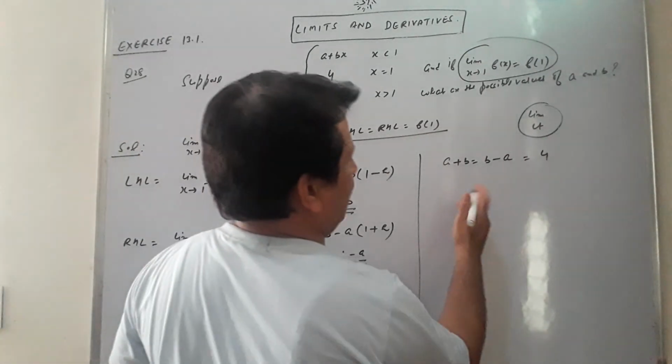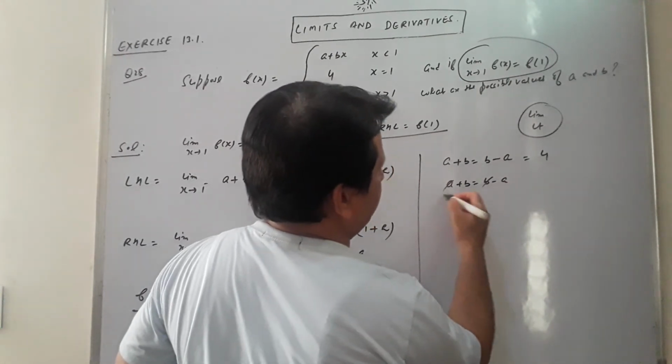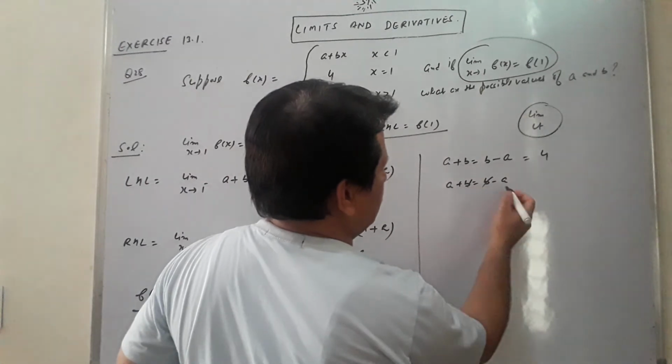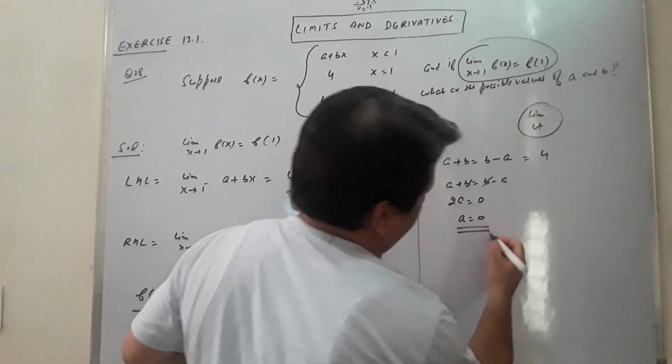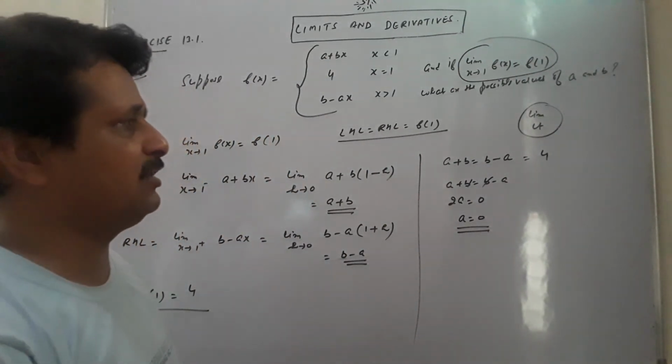And if we solve it, a plus b is equal to b minus a, b will cancel out. This is 2a equal to 0, or a will come as equal to 0. This is the first part, the value of a will come as equal to 0.